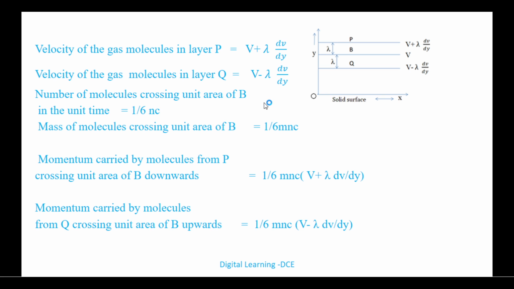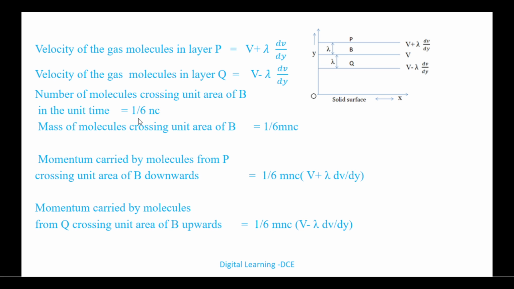Then let us calculate the number of molecules crossing unit area of B in unit time, and that is equal to 1 by 6 of Nc. Here N represents the number of molecules per unit volume and C represents the average velocity.